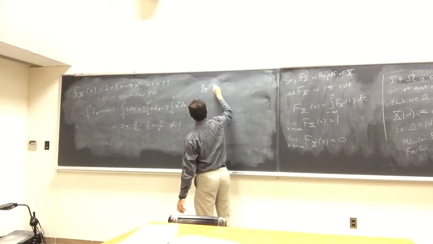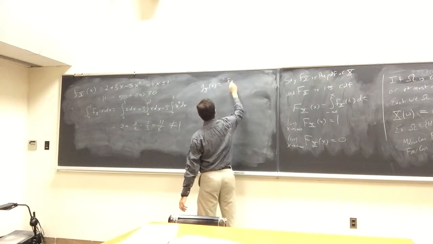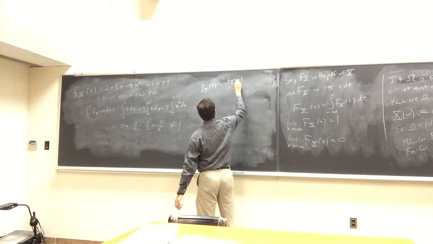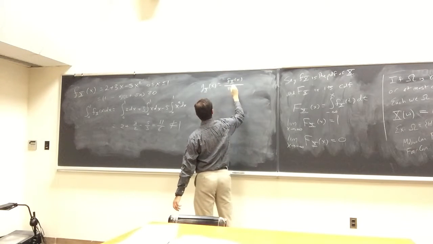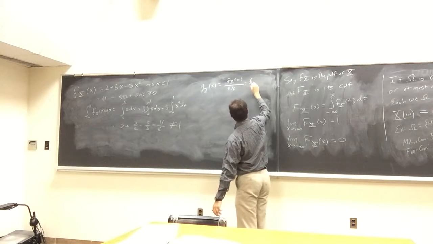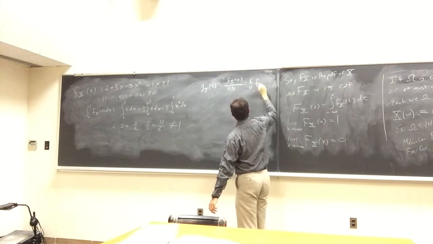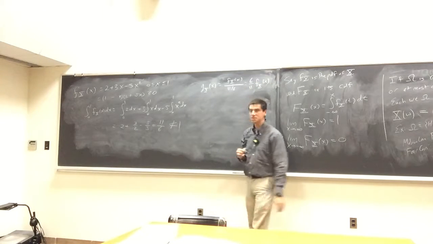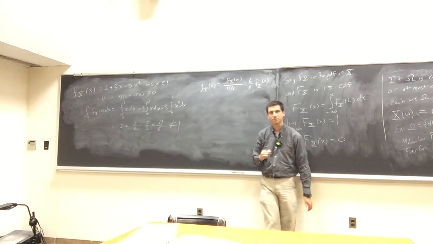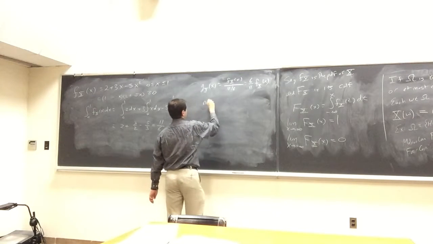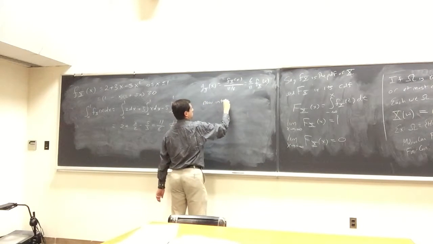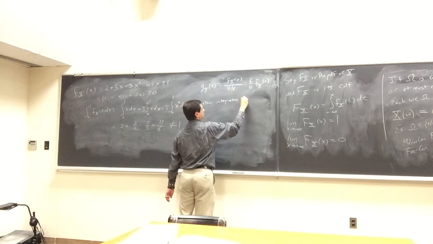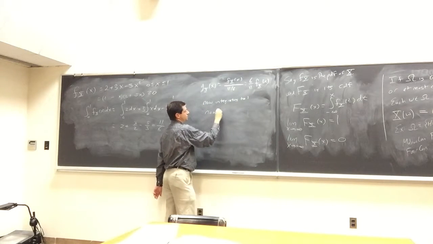So if we consider g of x to be f of x divided by 11/6, which is the same as 6/11 f of x, this will now integrate to 1. So now it's a density.